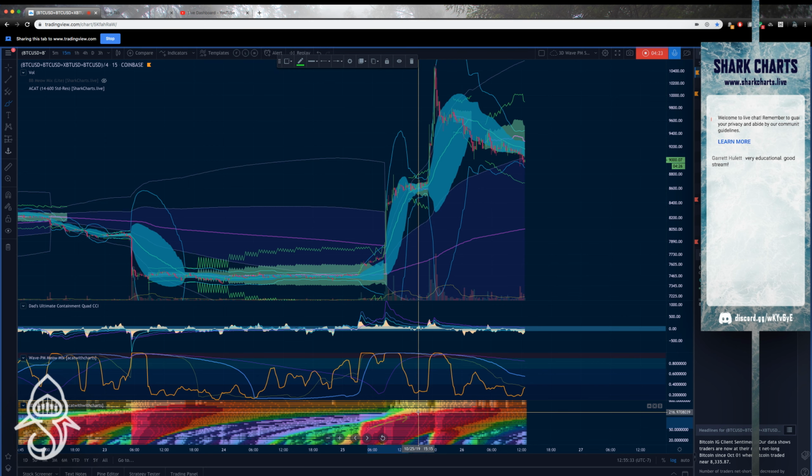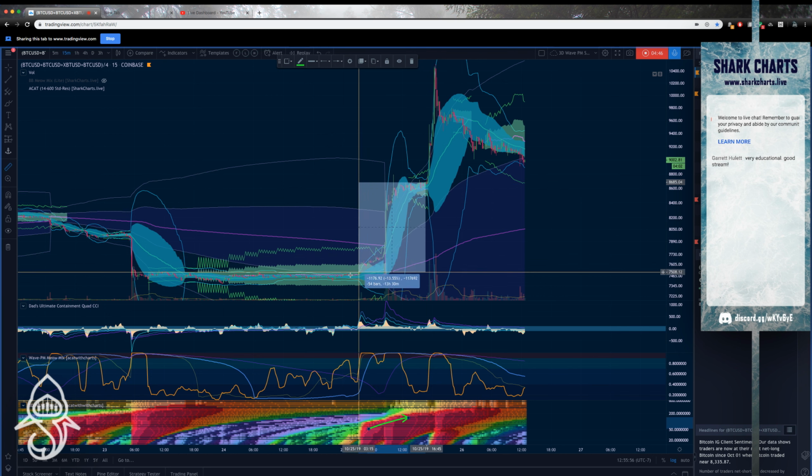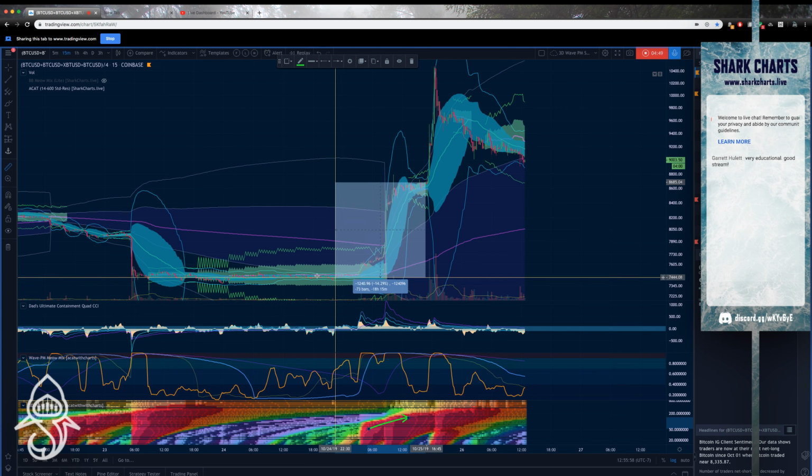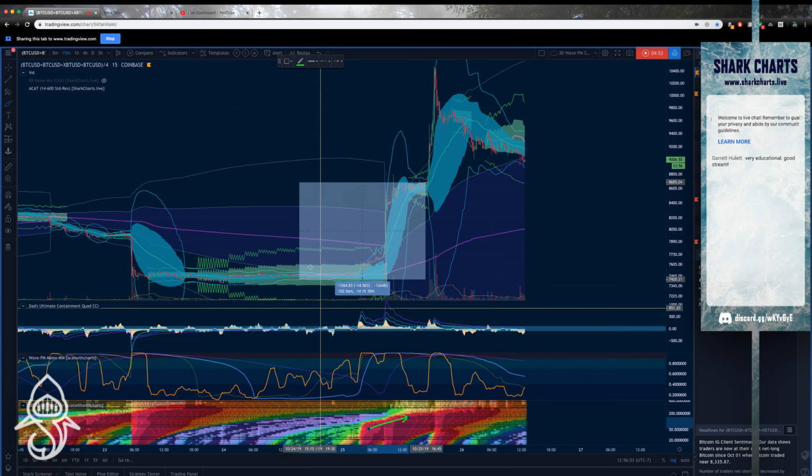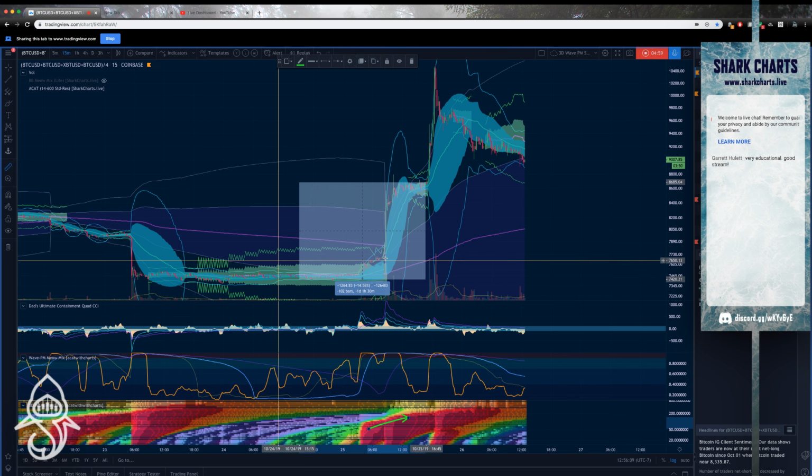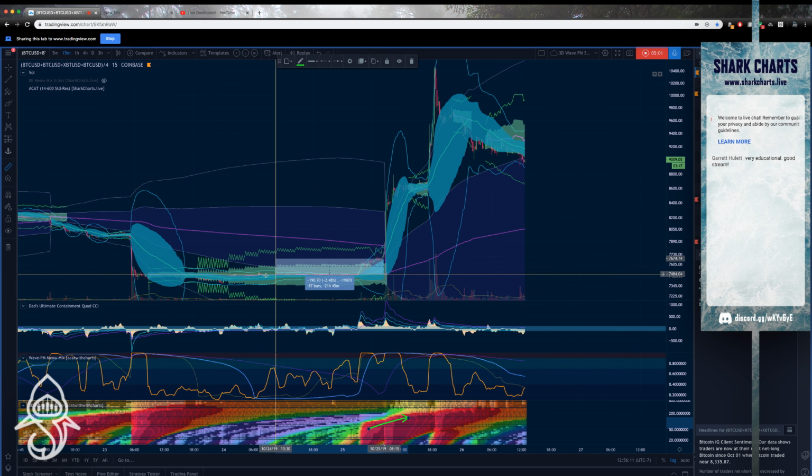But do you notice how this move here is larger than this move here? Yet based on the previous 100 candles, our data set is defined by these values, whereas in this previous example, our data set was defined by these values, which is just like a 3% range.